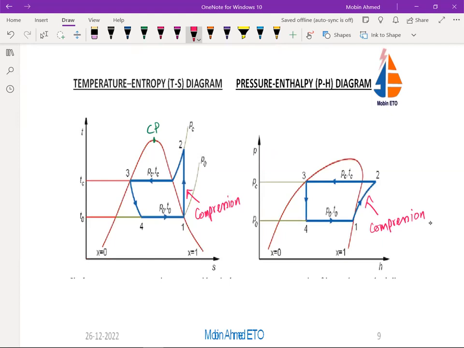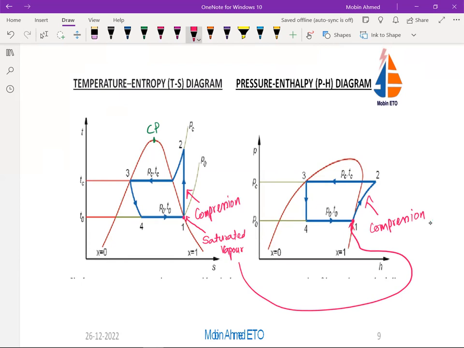Now, what it is compressing, you can see the inlet of the compression is 100% saturated vapor. In this case, the pressure is also low and temperature is also low. That will be the same for this point. This point is the same, saturated vapor.